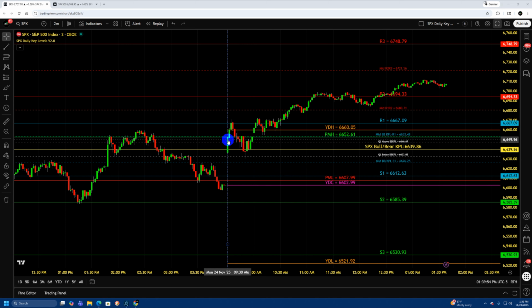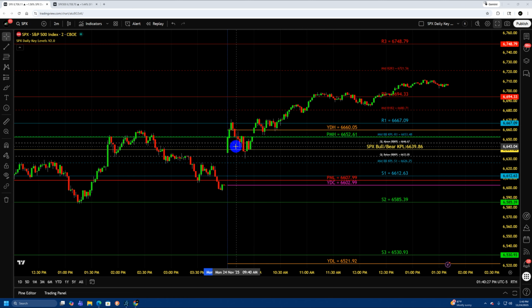If instead price had closed below the bull bear key price level on this opening candle, then that would be a bearish trade signal for taking a bearish trade off of the bull bear key price level. The 9:30 a.m. opening candle trade is part of the daily key levels SPX index option strategy with this indicator. However, it is an optional trade to take.